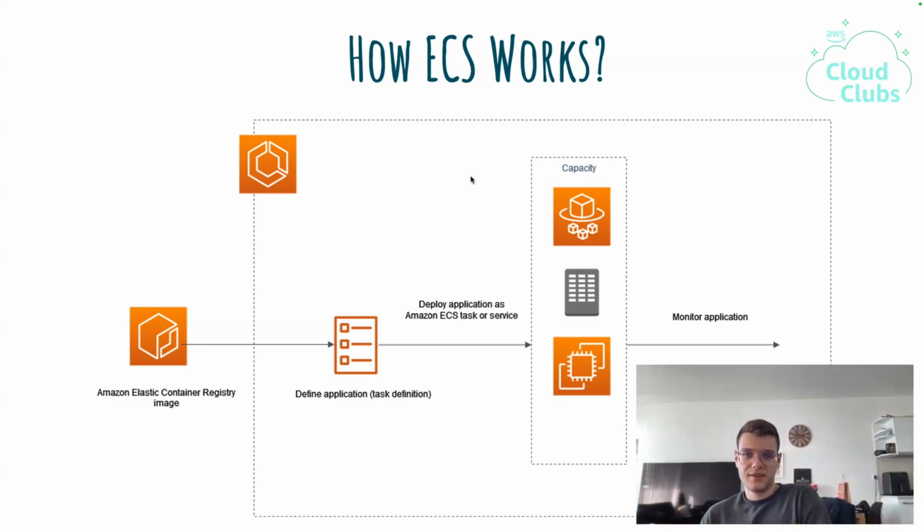So this is increasing the availability for sure. And of course, after deploying the application, deploying our services, which are creating the tasks, we can focus more on the monitoring of the application, with integrations with CloudWatch, for example, and many other services.